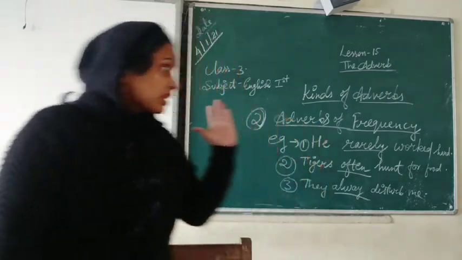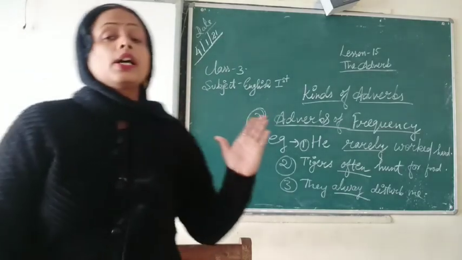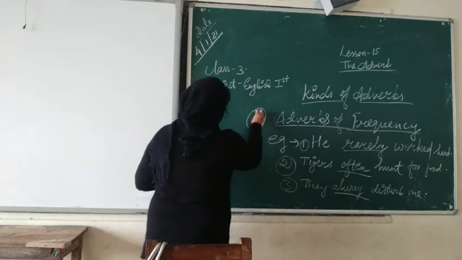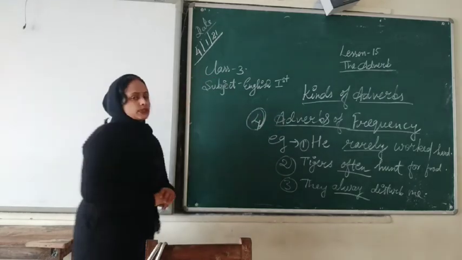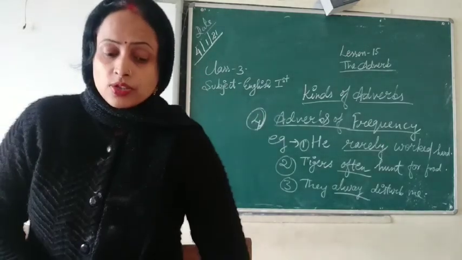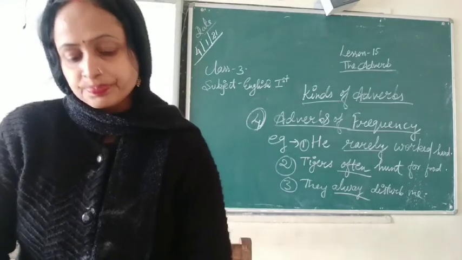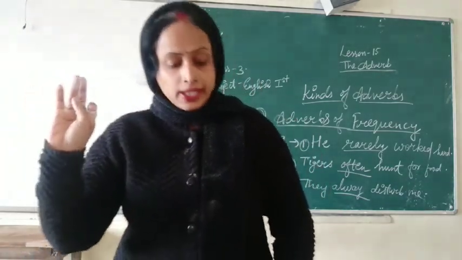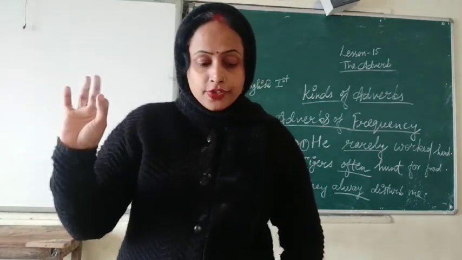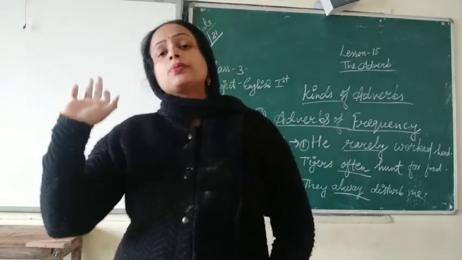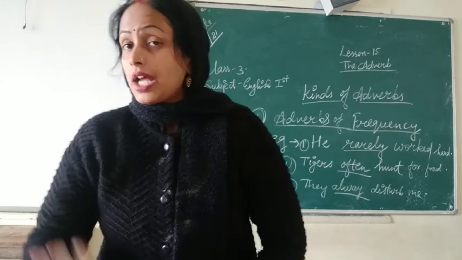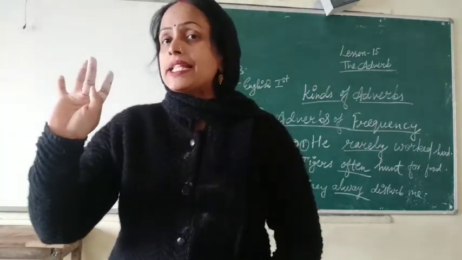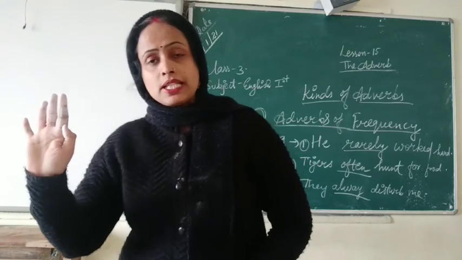So just now we have learned about four kinds of adverb. So what are they? Adverb of time, adverb of place, adverb of manner and adverb of frequency.